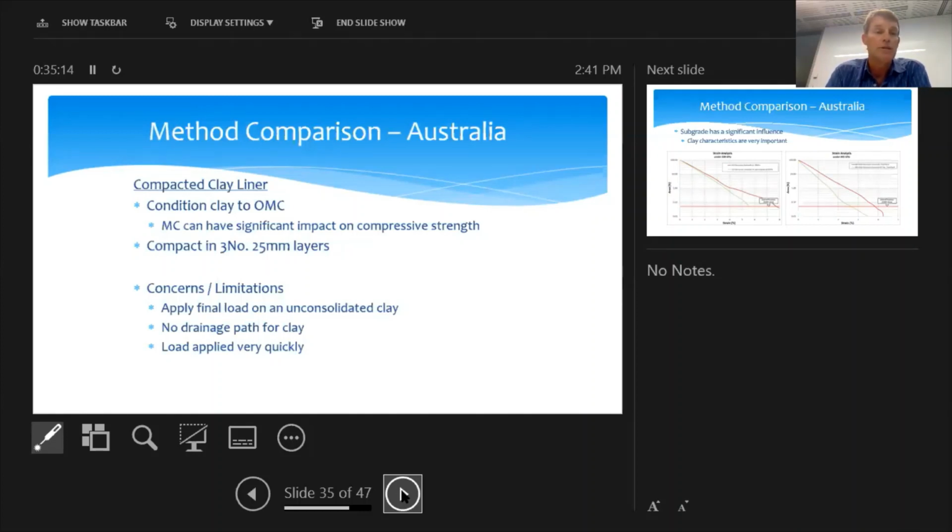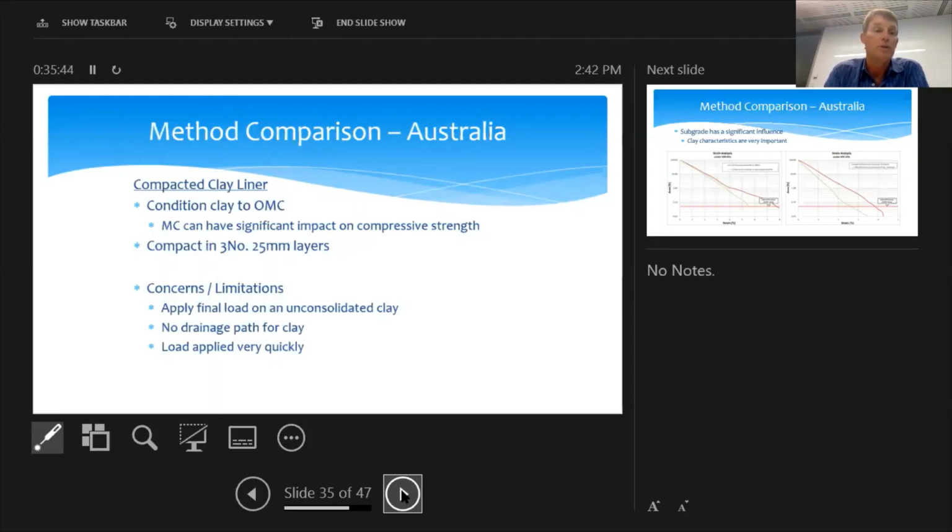One of the concerns and limitations with the compacted clay liner process is that you're essentially applying the final load on an unconsolidated clay, which is not what's going to happen in real life, where every day or every week you're going to have a slight increase in load by waste placement, and it gives the clay a chance to consolidate and to squeeze out any excess moisture out of the system.